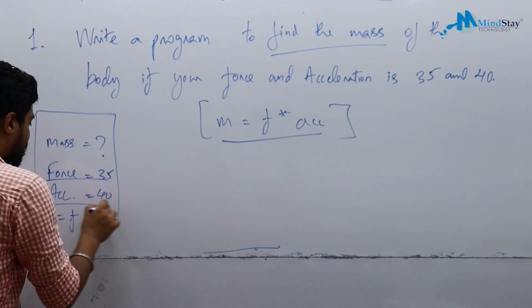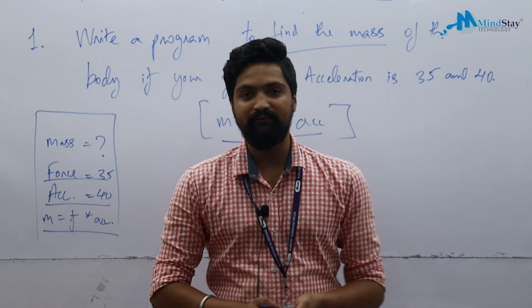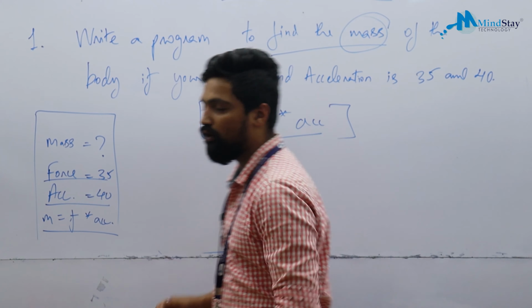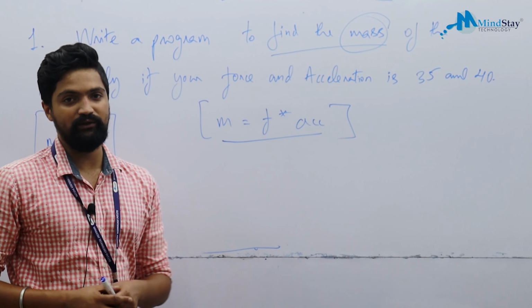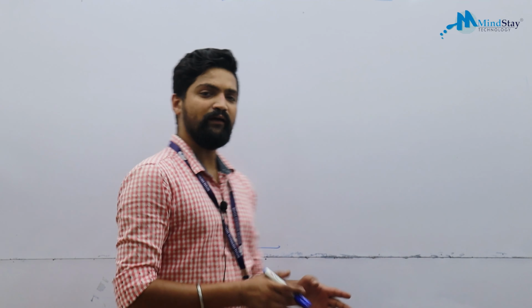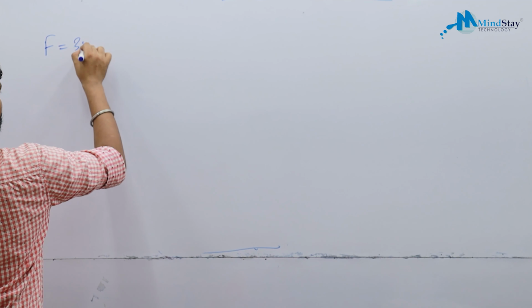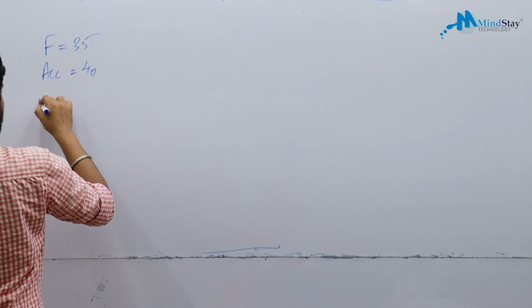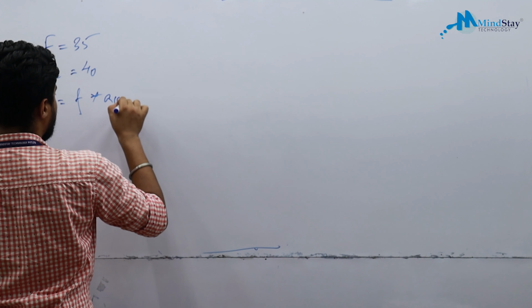These are the details provided to us, and we have to find the mass of the body. So let us again understand the details: force is 35, acceleration is 40, and the formula is M equals F multiplied by acceleration.